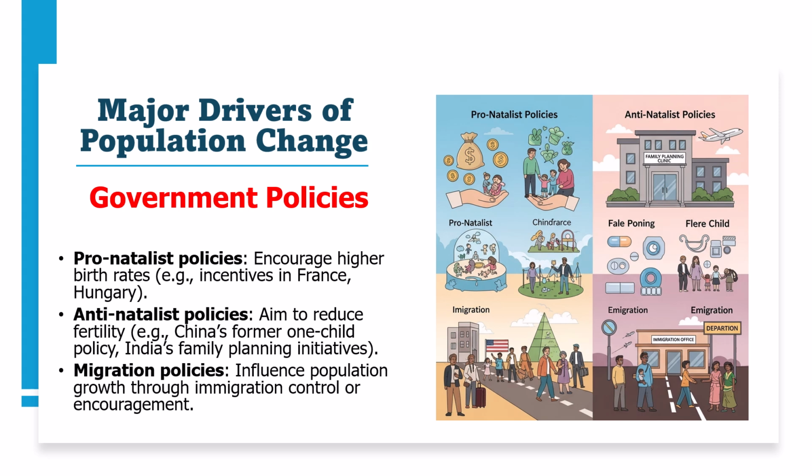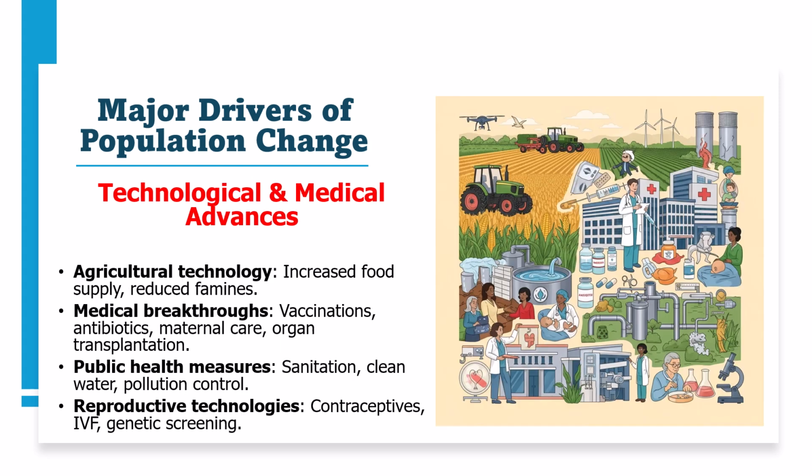Migration policy also directly influences demographic trends by either restricting or encouraging the movement of people across borders. Such policies affect not only population size but also age structure, workforce availability, and long-term development planning.